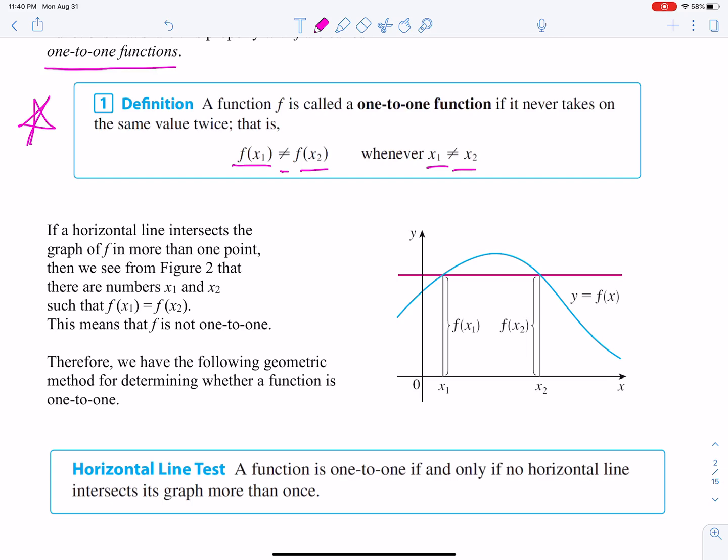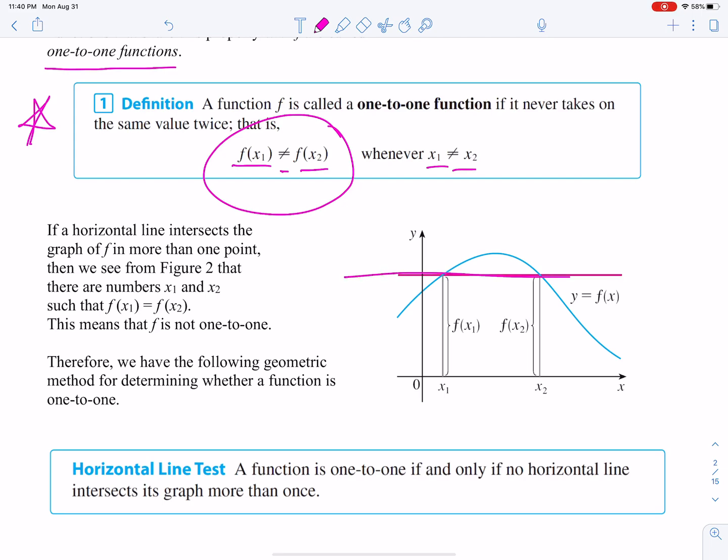Okay? So if a horizontal line intersects the graph of f in more than one point, then we see from figure 2 here, that's this graph here, that there are numbers x1 and x2 such that f of x1 equals f of x2, which violates this definition.